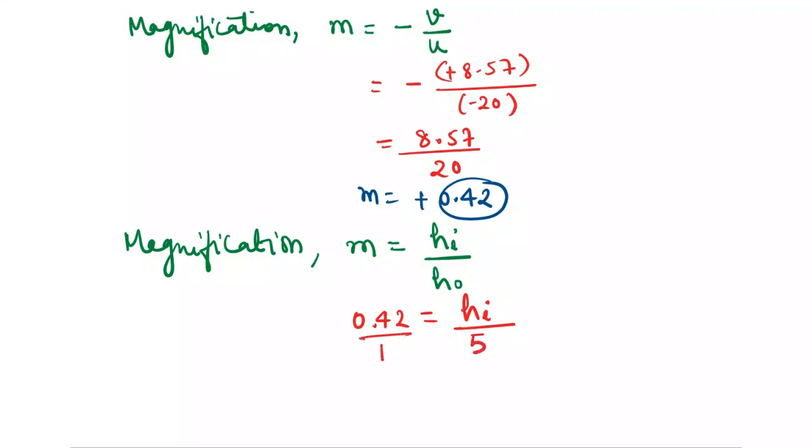Now take the reciprocal, and we get hi, the height of image, equal to 0.42 multiplied by 5. After solving, we get the value of the height of the image, and that is 2.1 centimeter.